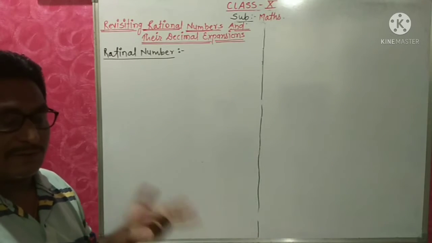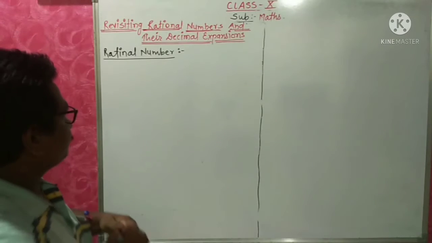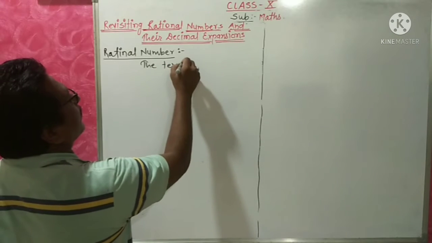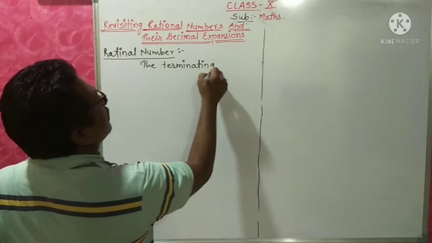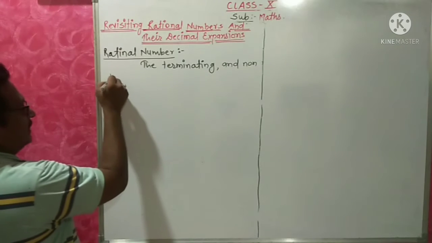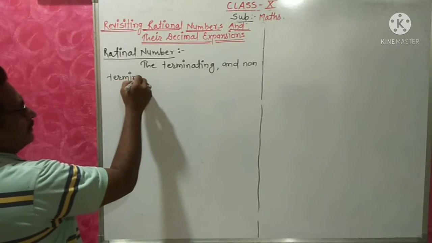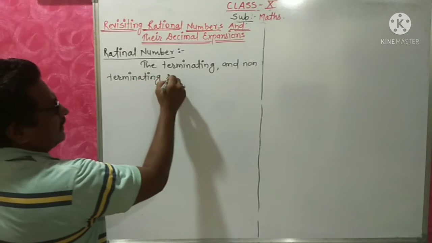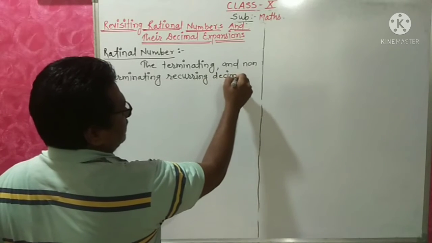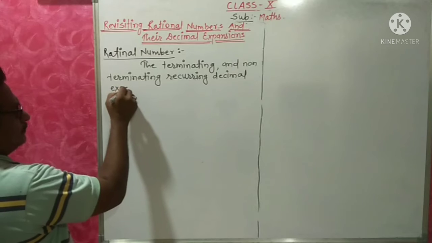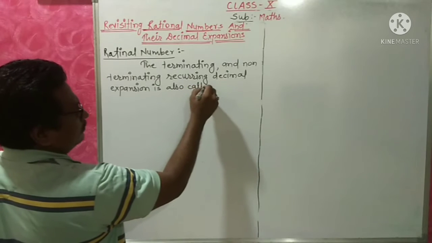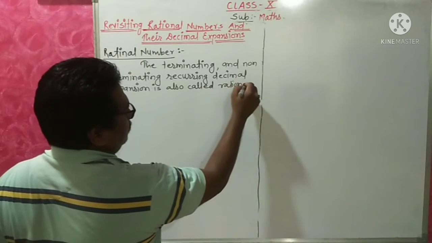In decimal expansion, the terminating and non-terminating recurring decimal expansions are also called rational numbers.